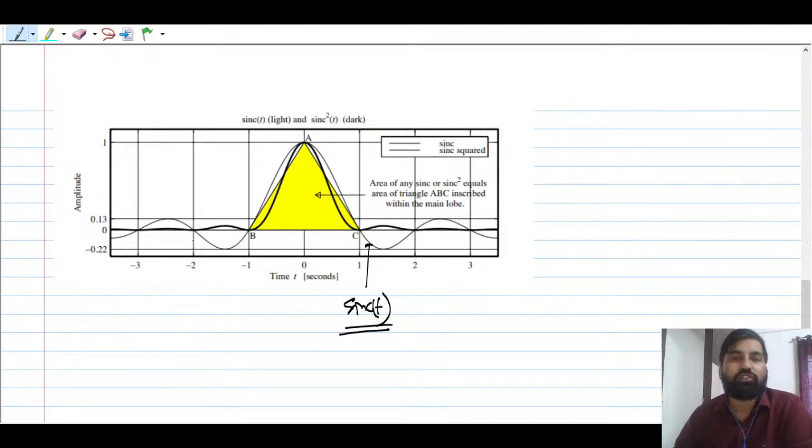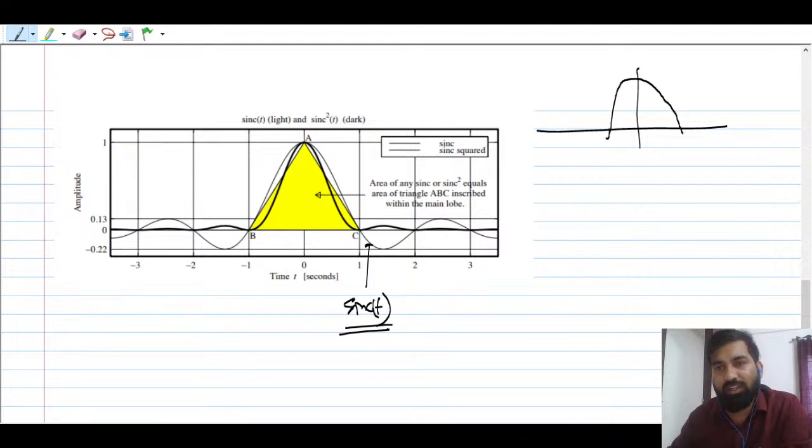Sinc t and sinc square t are going to be the same, but what is the difference here? The negative oscillation becomes positive. That you have to remember always. So sinc of t looks like this. Let me draw it also for you. Most of the energy is concentrated about this, from -1 to 1, and then it looks like this.